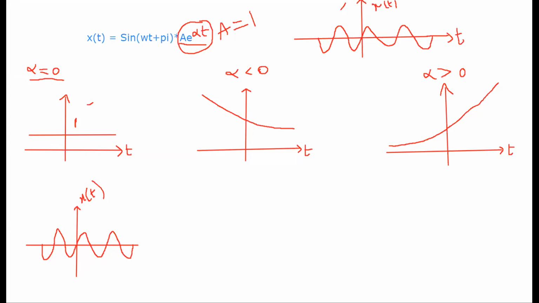And now we are going to multiply the sinusoidal signal with a decaying exponential.